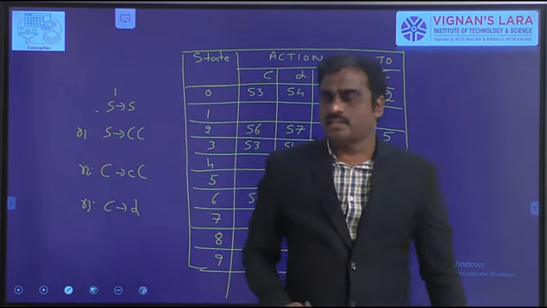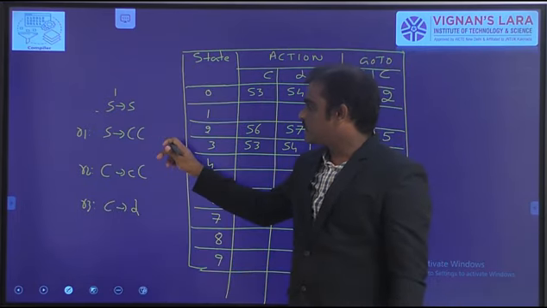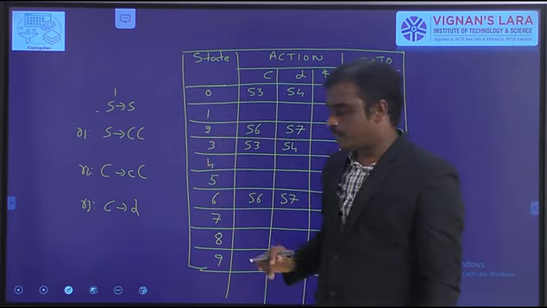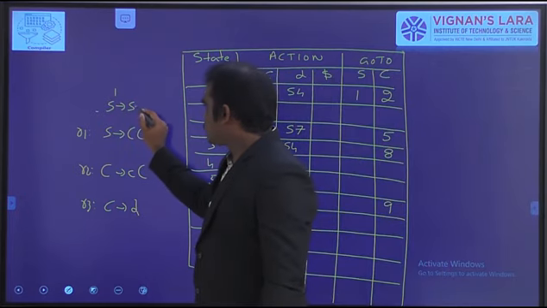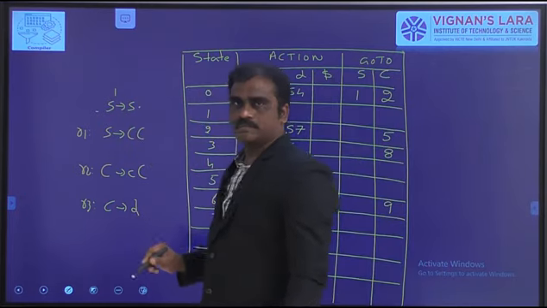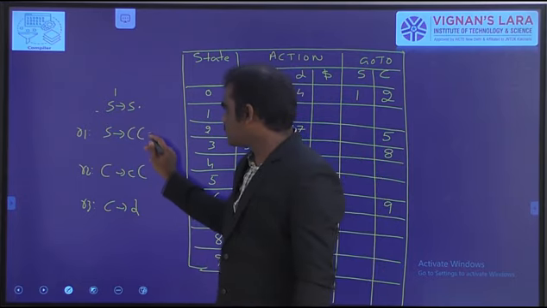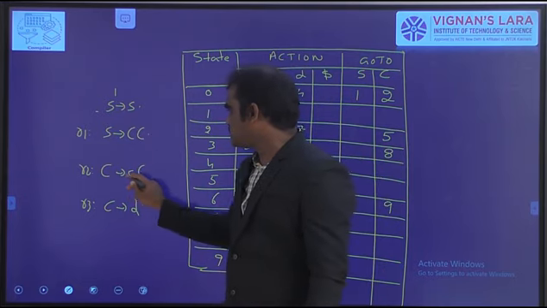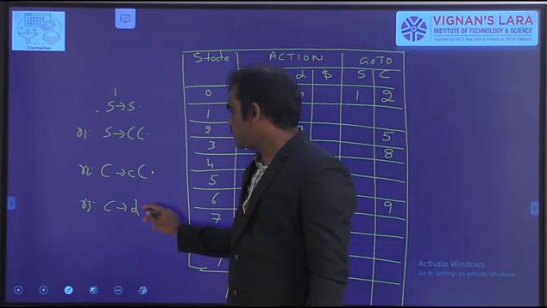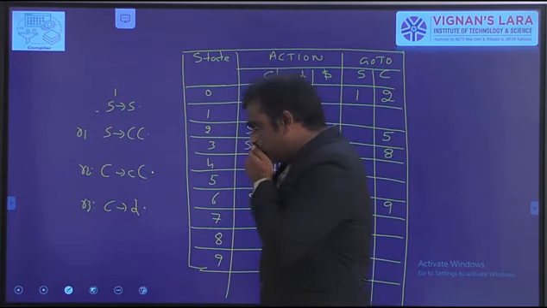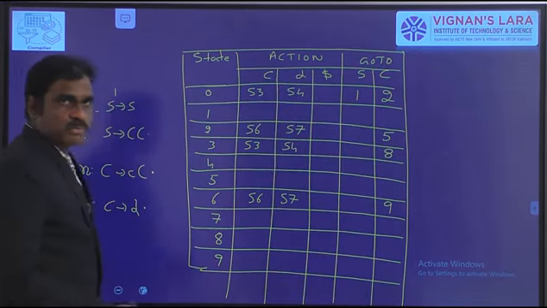Now, reduction means each and every production ends with some state. Like S' to S dot ends with some state, and S to CC dot ends with some state. We will see one by one.